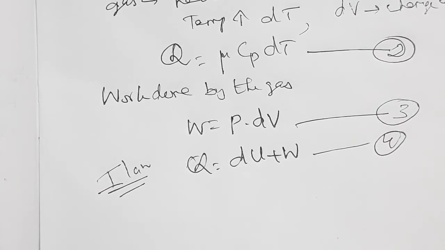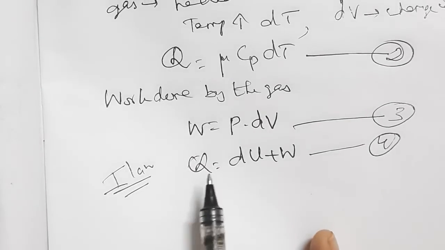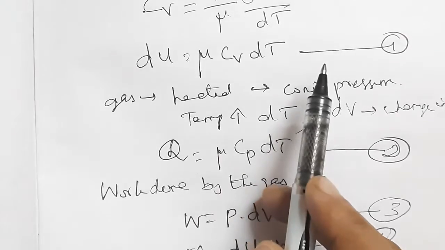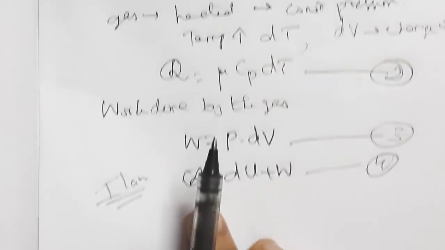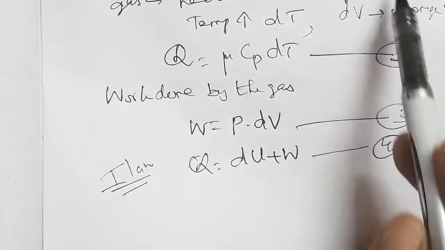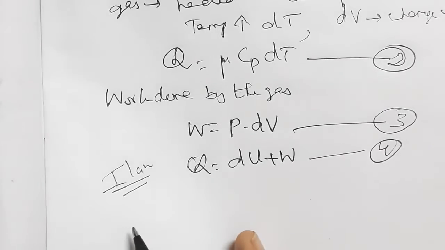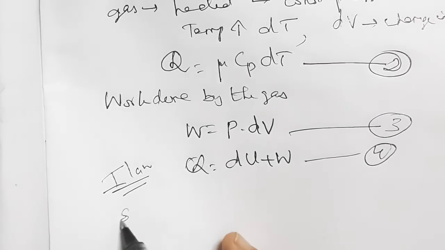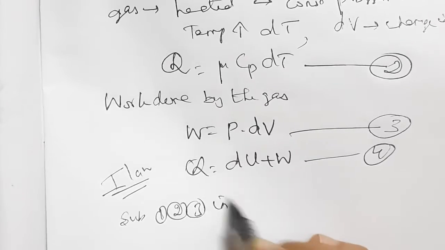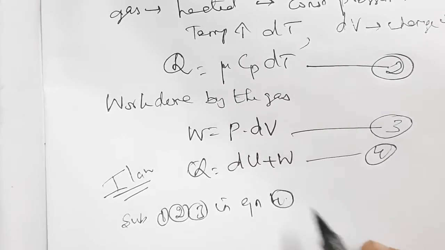Now let's substitute all the values. Q value, what is the Q value? mu Cp dT. dU value, what is the dU value? mu CV dT. W is equal to P dV. So substitute these 1, 2, 3 in equation 4.